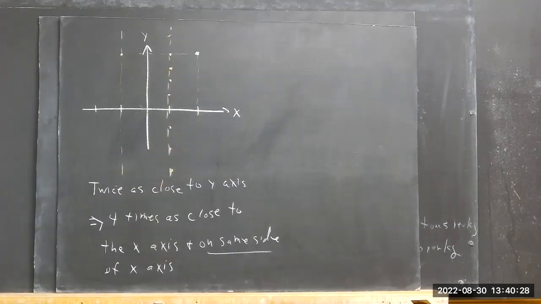So see if you can draw me a second point that satisfies that. Put a little circle around that point because you've got some other points on your graph, so I want to be able to distinguish it. Well, twice as close to the y-axis as first, and 4 times as close to the x-axis.